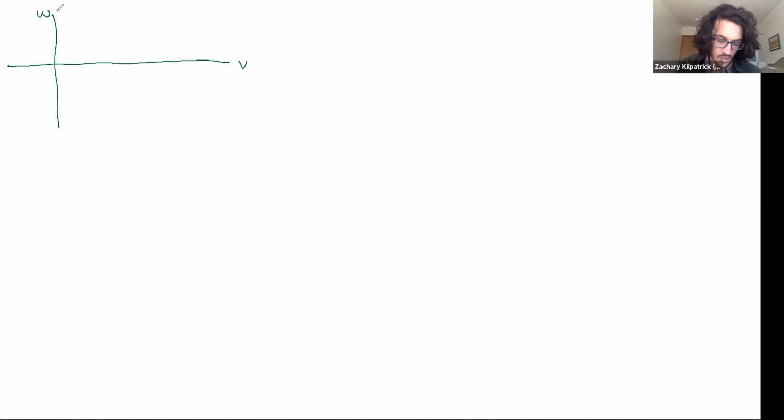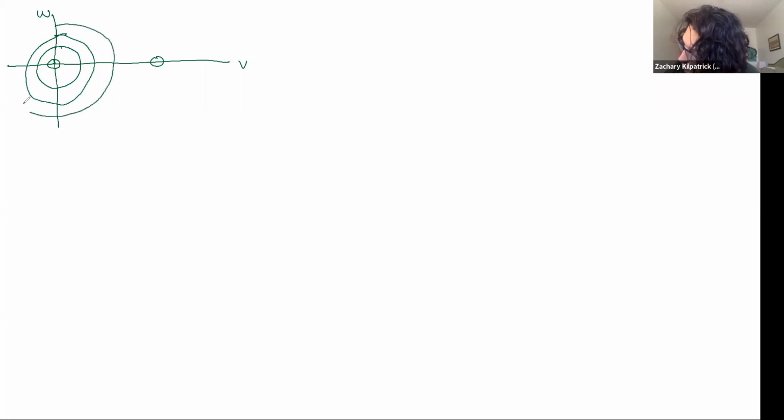Okay. All right. So let's look at what this looks like. v, w, here's (0, 0), here's (1, 0) here. Okay. And we have some attractive and repellent directions here. And so let's just focus on the rotations around this fixed point here, right? So here's our center.